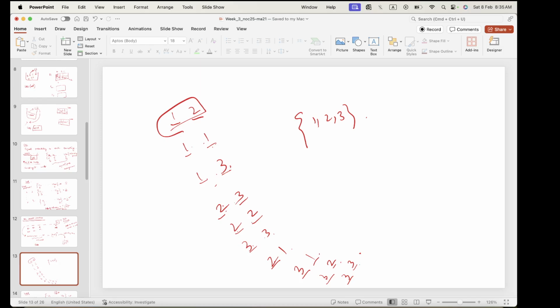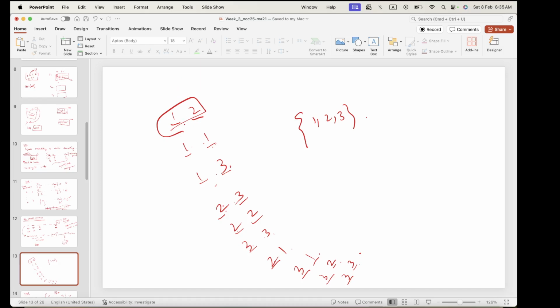Checking again: 1 1 has come, 2 1 has come, 3 1, 3 2, 3 3 has already come, 2 2, 2 3, 1 3, 1 2. So right now we are not talking about ordered or not ordered.